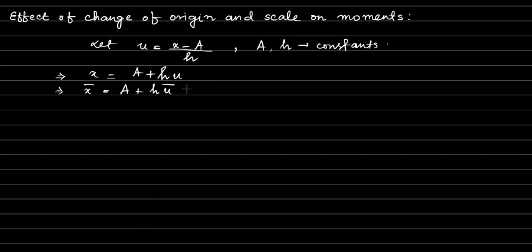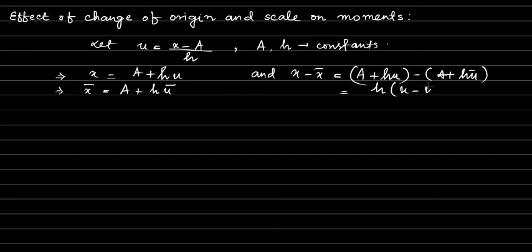For this you can refer to the first video where we have done step deviation and proved this result. So we got that x bar is equal to a plus h into u bar, and therefore x minus x bar, putting the values of x and x bar, is a plus hu minus a plus hu bar, which gives h into u minus u bar.